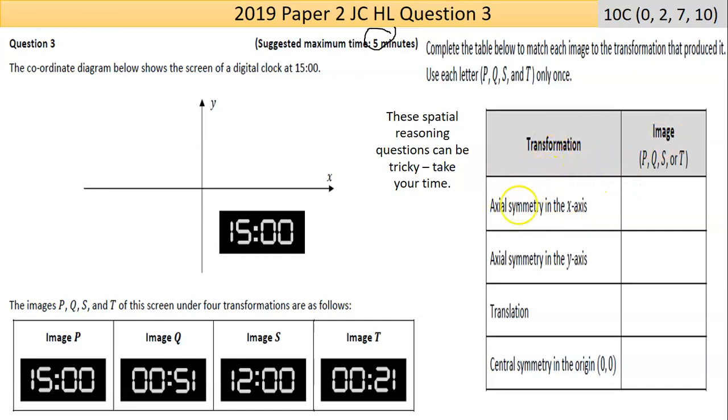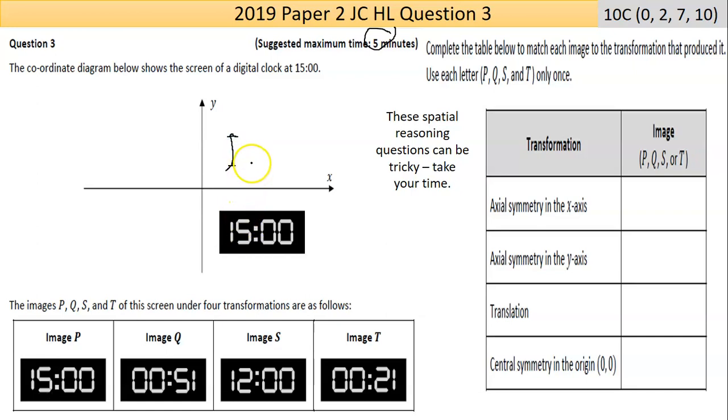Which one, P, Q, S, or T, is axial symmetry in the x-axis? If you can see, I'm taking that point there and bringing it onto the x-axis straight on, and then the same distance again. Now I'm using the mouse, this is hard to do. That's your 1.